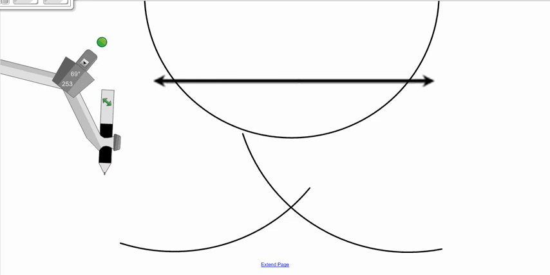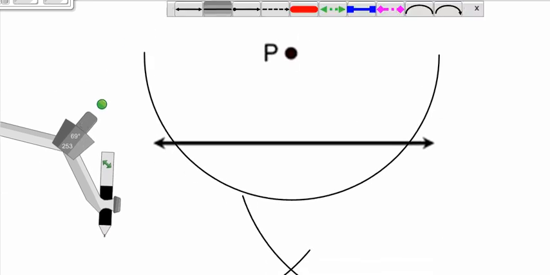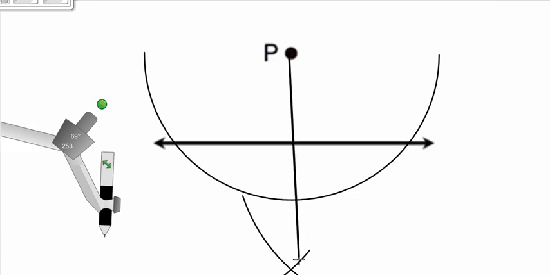Then with my straight edge, I'm going to connect point P to my intersection point at the bottom. And now I've created, I missed my point down there, a perpendicular to a point not on the line.